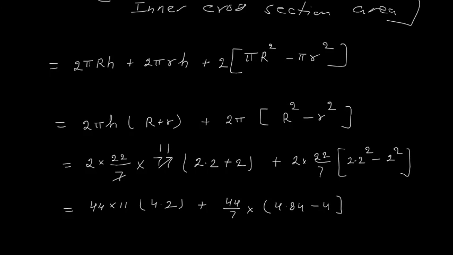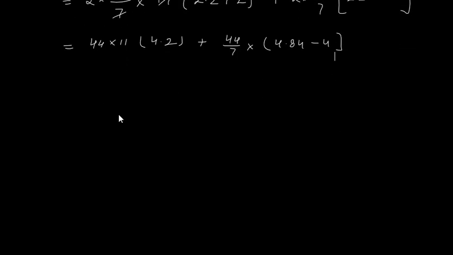So this is 0.84. So here it is 44, again 44 I can take out. Here inside bracket I have 11 into 4.2. So it is 11 2s are 22, 11 4s are 44, plus 2 is 46. So 46.2.